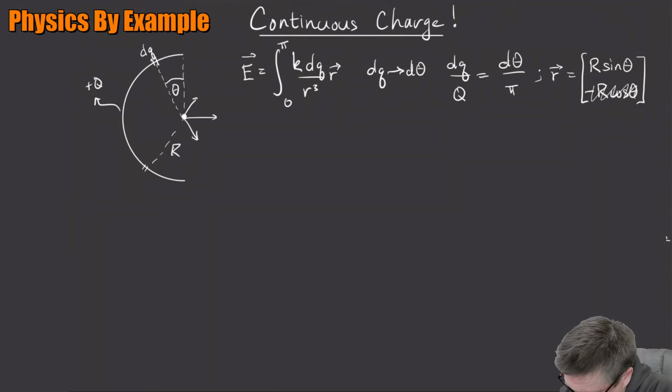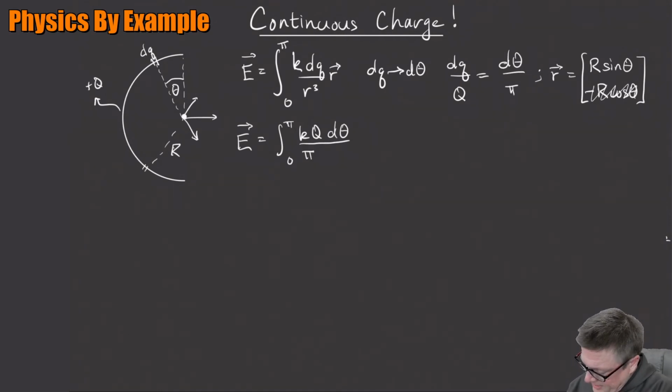So the electric field is going to be the integral from 0 to pi, and dq is going to be Q, so I'm going to have a k Q d theta, with a pi on the bottom. I'm going to have an r cubed. So what is r?